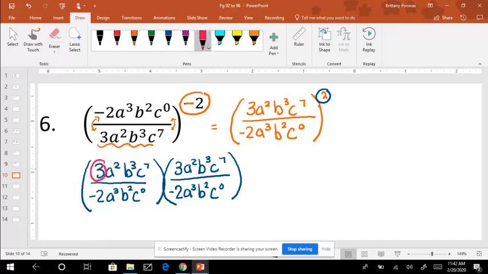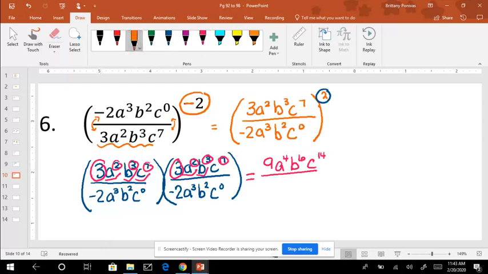3 times 3, those are coefficients, so we multiply them, that's 9. A with A, we're going to add the powers. 2 plus 2 is 4. B with B, 3 plus 3 is 6. With the C's, 7 plus 7 is C to the 14.